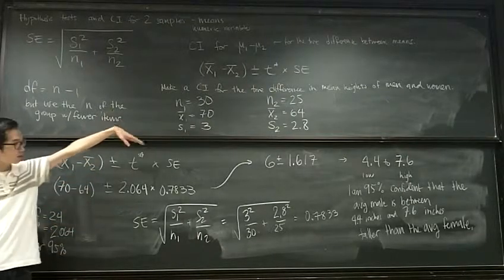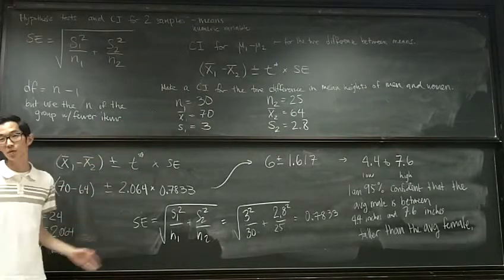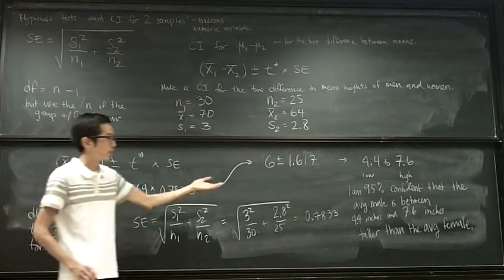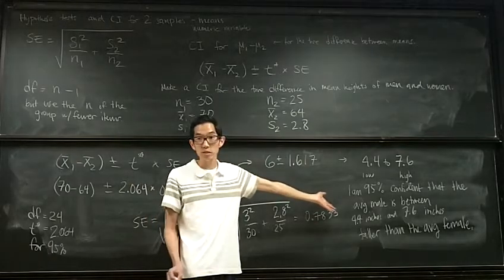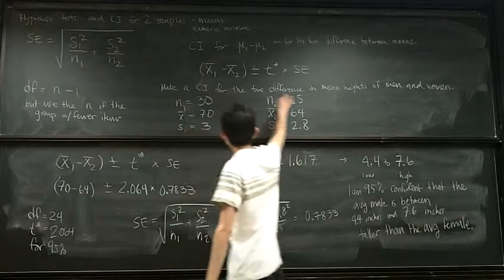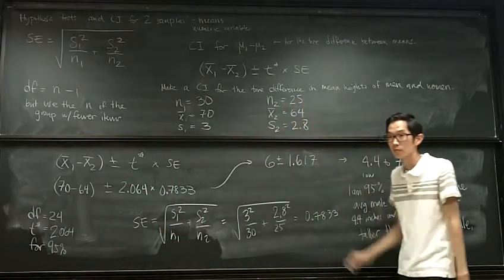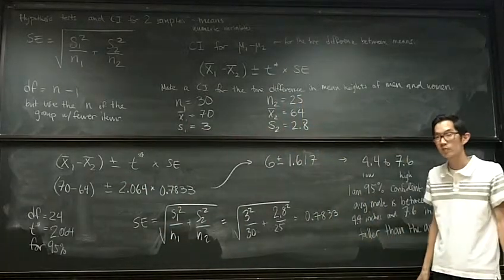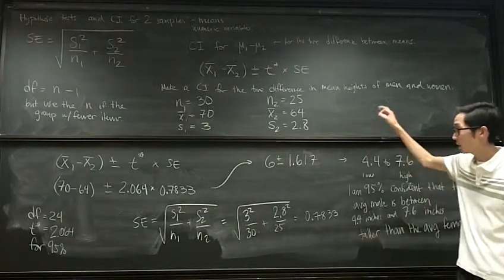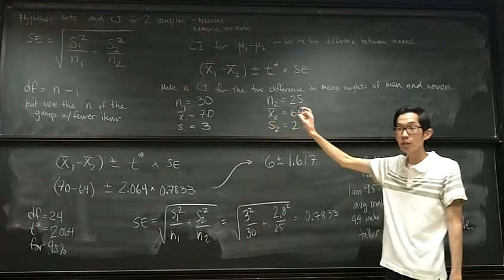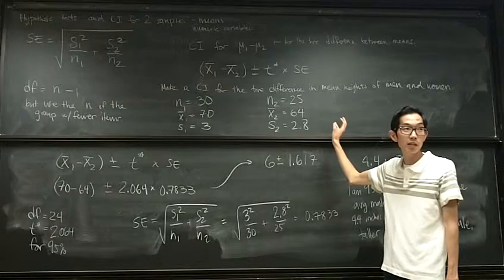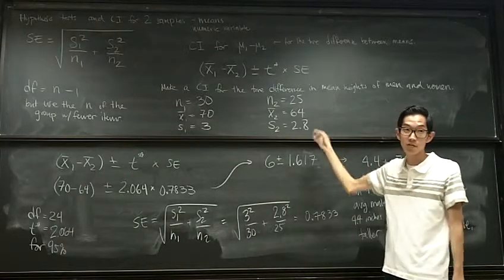I'll give you these 6 numbers and what level of confidence, and you should be able to do everything else, and you need to be able to say this at the end.